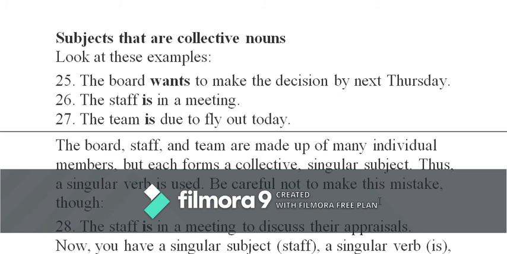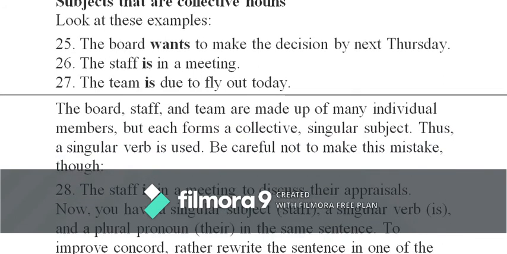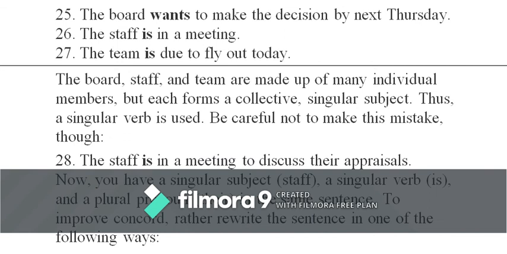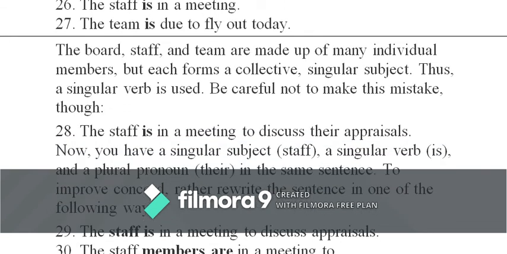Be careful not to make the mistake though that the singular verb is used. The staff is in a meeting to discuss their appraisals. Now look at the conflict in this sentence. The staff is. Now from the verb we can make out the staff is considered as one big body.